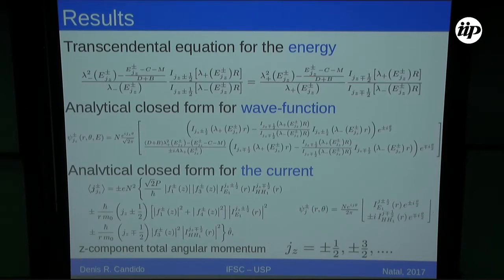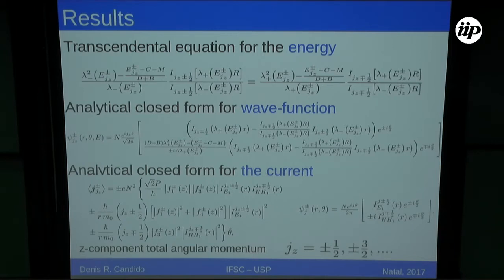We can solve it and find all the energies for each Z component of the total angular momentum. Once you find this energy, we just plug it in here, and we have an analytical closed form for the wave function. We can also calculate the current for this particular state, and here is the expression.